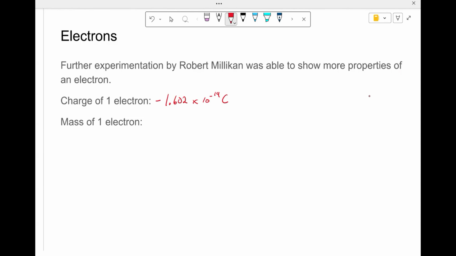Now, we haven't talked about scientific notation, like what does that times 10 to the negative 19th mean? You might have seen this in other math classes, but just to show how small this is, I'm going to write this number out here.